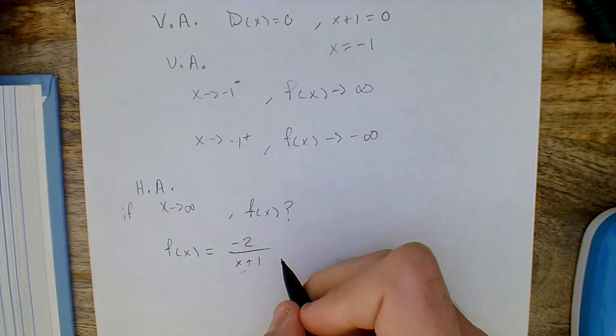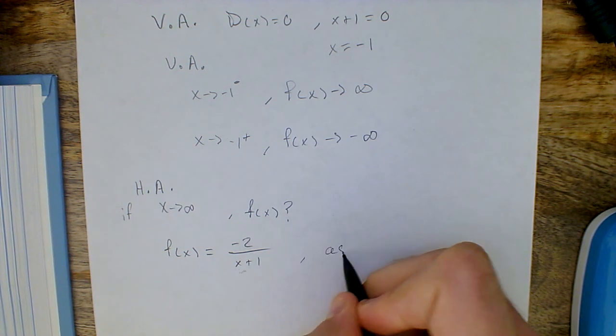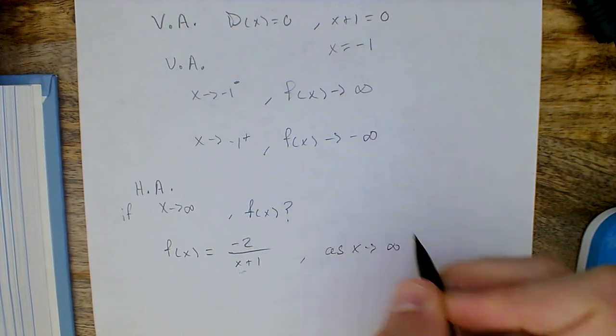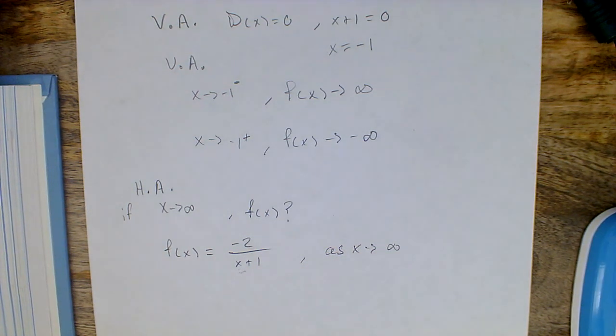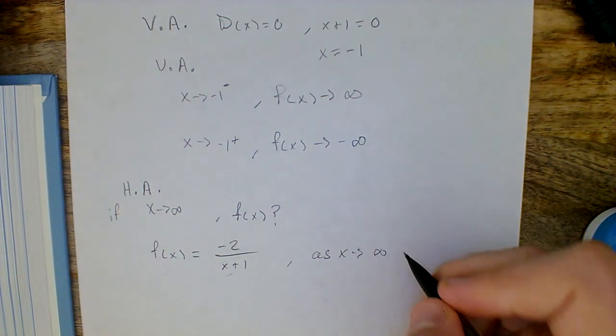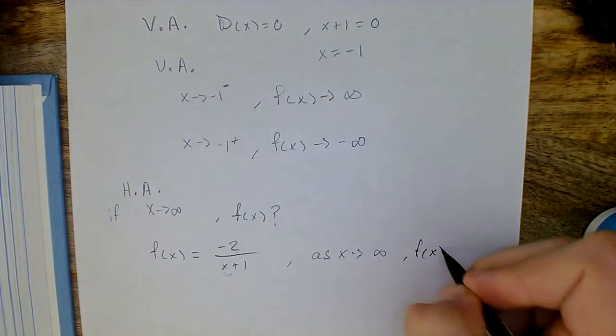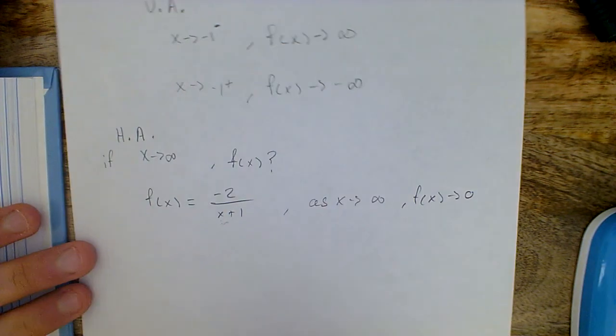Negative divided by positive is negative, but it's going to approach 0 as x goes to infinity, because you're getting this constant negative 2 divided by an extremely large number, so it's going to get very close to 0. So yes, as x goes to infinity, f of x goes to 0.